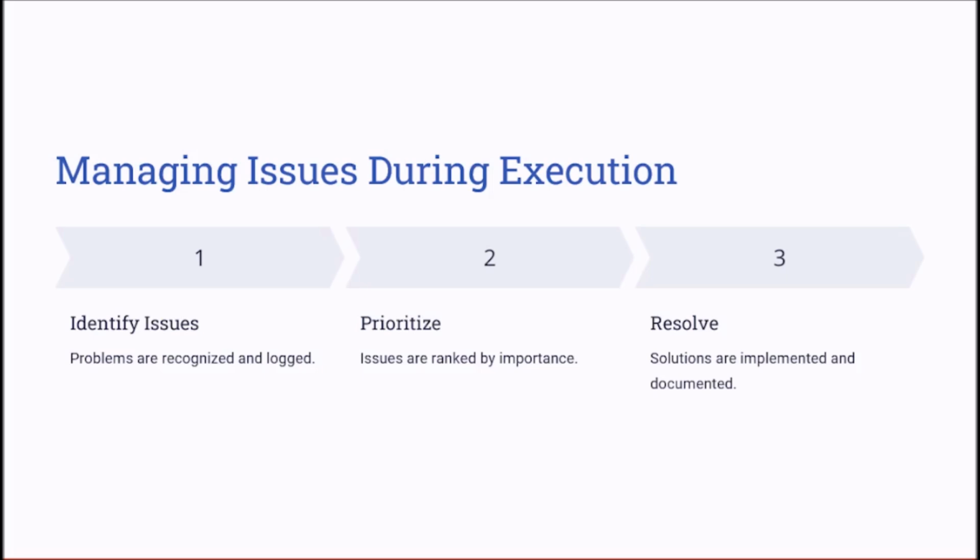Maintaining an issue log helps to track, prioritize, and resolve problems effectively. Let's take an example here. In case a critical team member becomes unavailable, the project manager identifies alternatives to avoid delays and records the resolution for future reference.